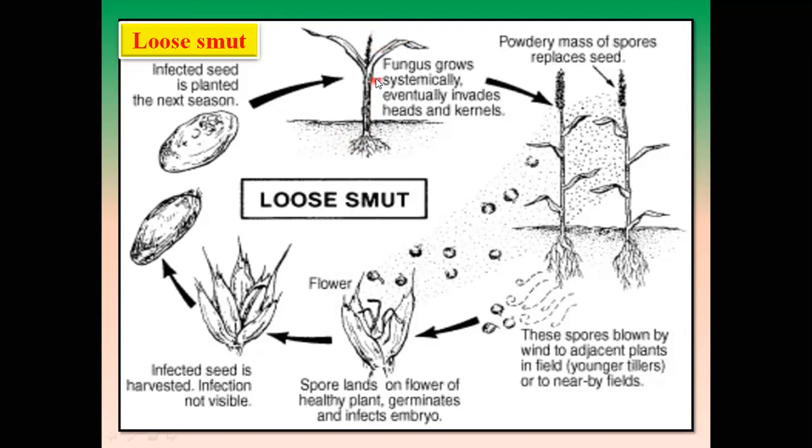At the time of airhead formation, these spores directly infect the developing grains, and the developing floral parts are totally converted into loose black spore mass. So this is the disease cycle of the loose smut.